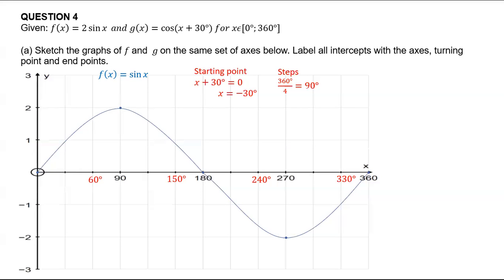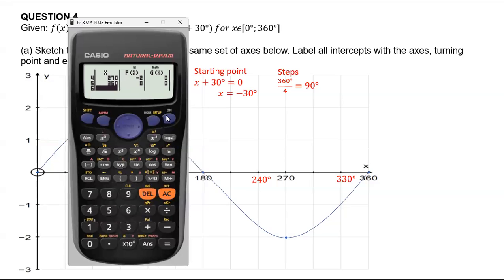Let me see. I managed to figure it out with your calculator. I hope I'll get it right. So what I did is that I went to mode 3 again. My table will be cos, and then I'll have open bracket, alpha x plus 30, then close the bracket and equate.